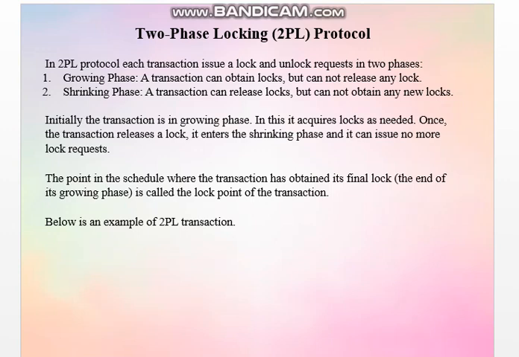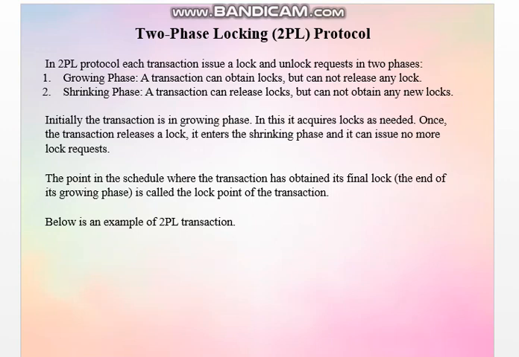Initially the transaction is in the growing phase. In this phase it acquires all the locks which are needed. Once the transaction releases a lock, it enters the shrinking phase and it can issue no more locks. The point in the schedule where the transaction has obtained its final lock, the end of its growing phase, is called the lock point.